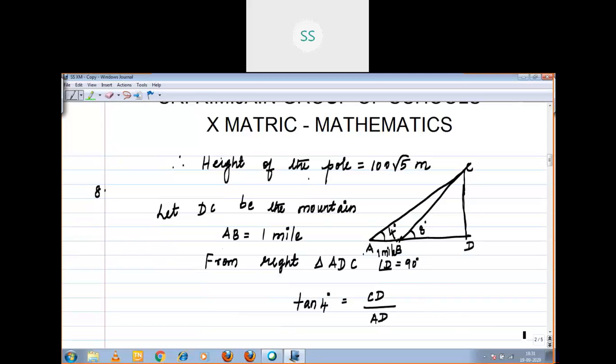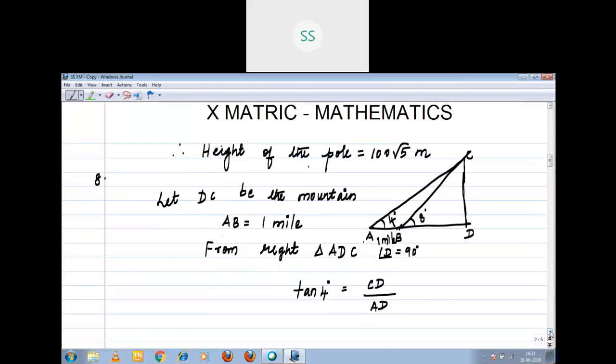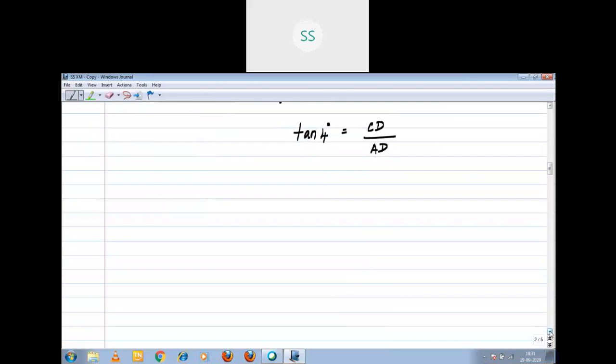Now, tan 4 degrees equals what? Opposite by adjacent. So CD divided by AD.